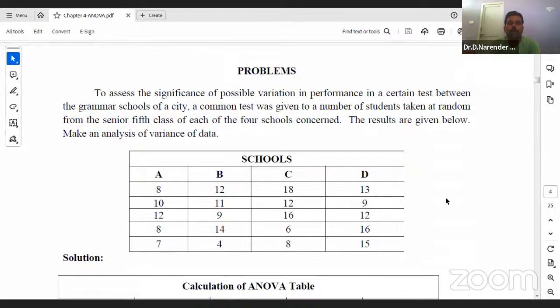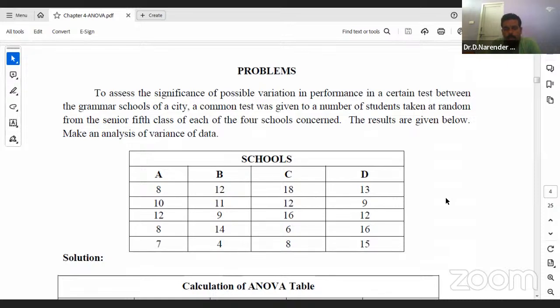So you observe the problem carefully: to assess the significance of possible variation in performance in a certain test between the grammar schools of a city. A common test was given to a number of students taken at random from the senior fifth class of each of the four schools concerned. The results are given below.